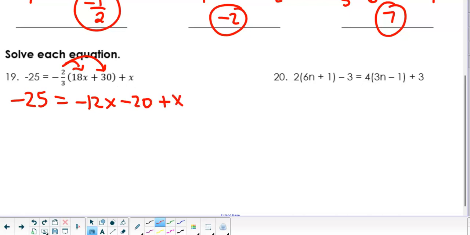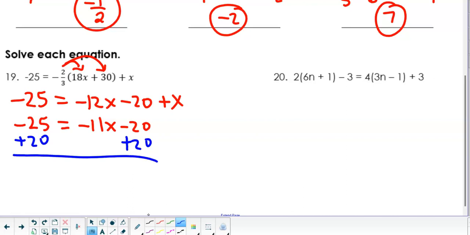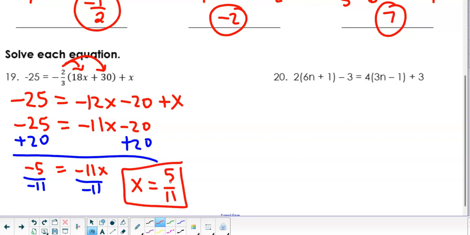The plus x will remain the same. I'm going to combine like terms on the right-hand side. Next, I'm going to move this constant, and finally I'm going to divide by my coefficient. This will result in a decimal value, so I'm simply going to leave my answer in simplest fraction form, just like that.